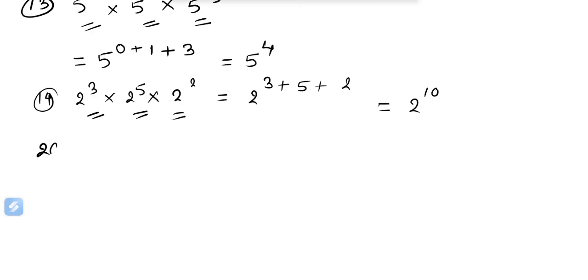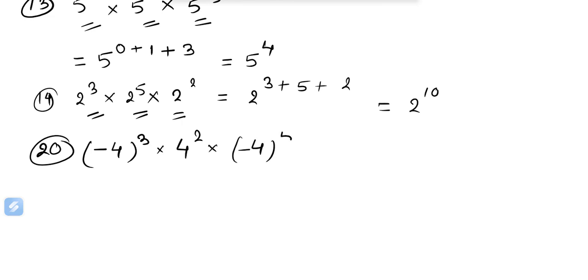Let's try similar but little bit different. It minus 4 has the exponent of 3, and then there is 4 square, and then minus 4 exponent 5. Now the problem is this has minus 4 base, same minus 4, and this one is plus 4.